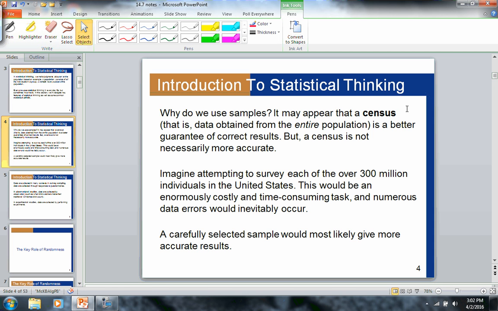Here it says that a census, which is data obtained from the entire population, is a better guarantee of correct results, but a census is not necessarily more accurate, because if we had to survey the over 300 million people who live in the United States, it would be very time consuming, very expensive, and there's a greater chance that lots of errors could be made. So if we carefully select a sample, we're more likely to get accurate results.